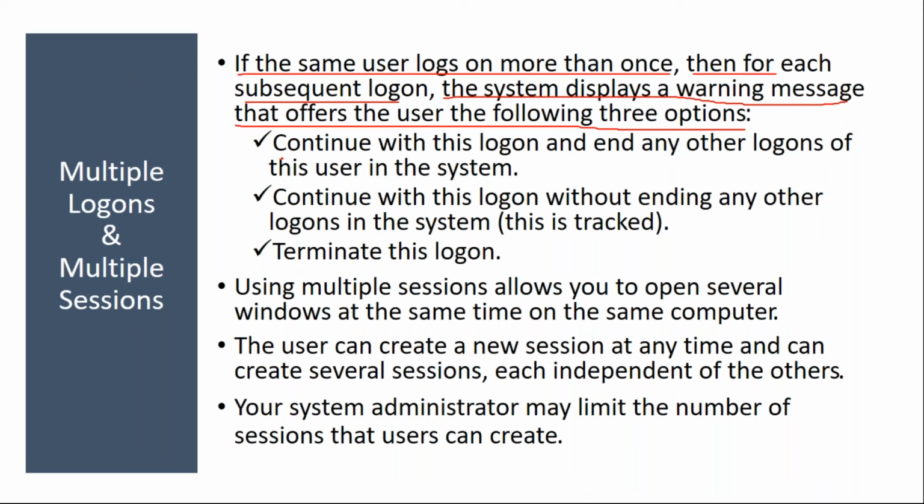Continue with this logon and end any other logons of this user in the system. Next, continue with this logon without ending any other logons in the system. This is flagged. Next, terminate this logon. So if you log in with the same user ID more than once, you will get these three options. Let me show you this.